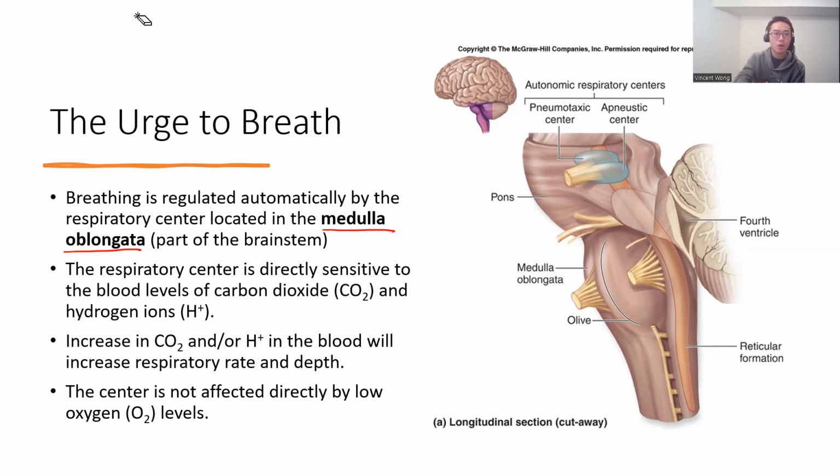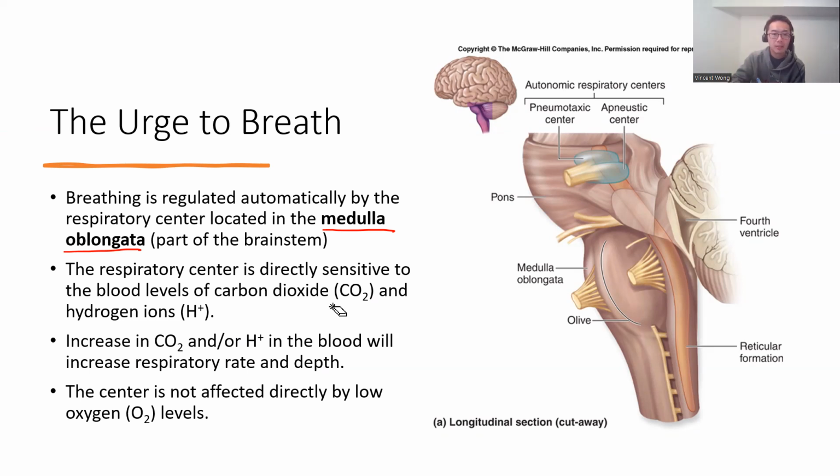When you're holding your breath, you are not exhaling the carbon dioxide. That carbon dioxide builds up in the body, in the blood, and when it goes to the brainstem, the medulla oblongata, it triggers your respiratory center, and then you have to breathe.